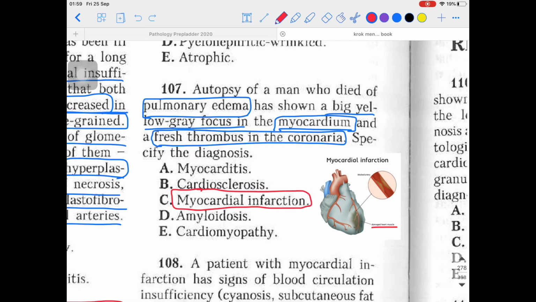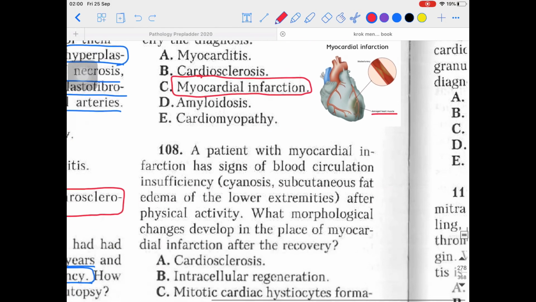Systolic BP will start to drop, cardiac output will be dropping, and there will be accumulation of the blood in the left ventricle. With more and more accumulation of blood in the left ventricle, it will go back into the left atrium, and from there it will start to go back into the lungs through the pulmonary veins. So that will cause the pulmonary edema, and finally that will cause the pulmonary hypertension as well. I hope you got my point. Let's talk about the next one.